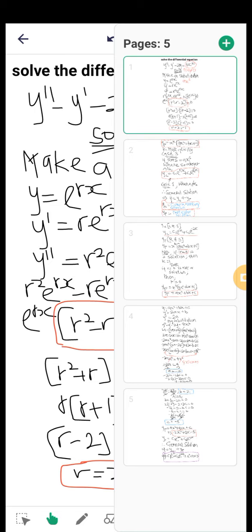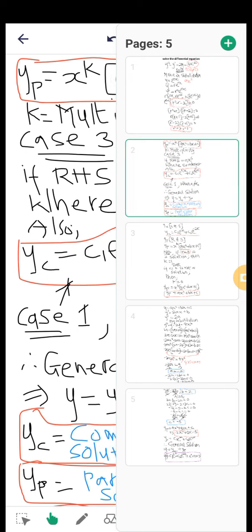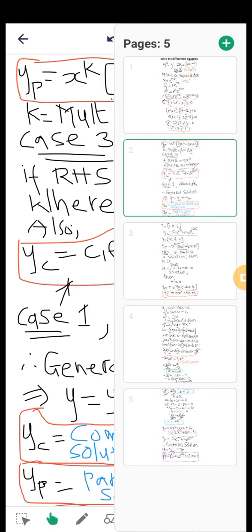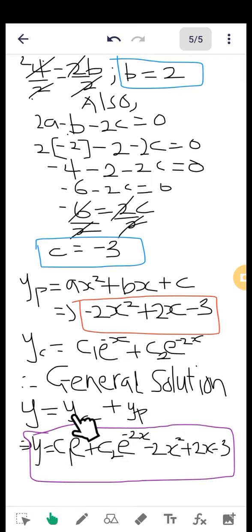if the roots are real and distinct, then my complementary solution will be in the form C1e to the R1x plus C2e to the R2x. So we make a substitution. You know that you are going to get e exponent. The R1 was minus 1.